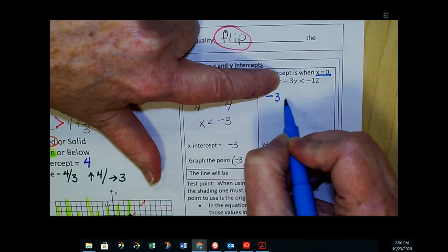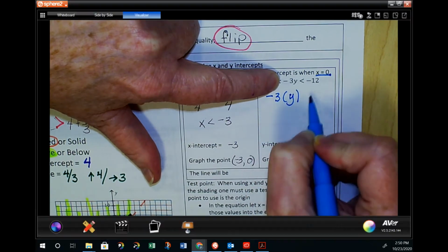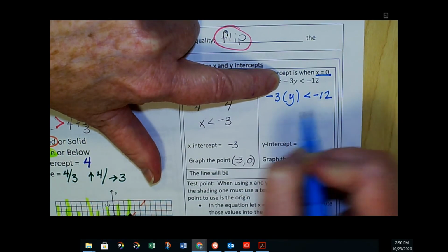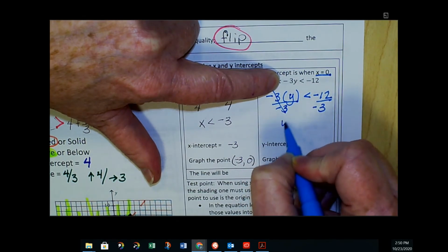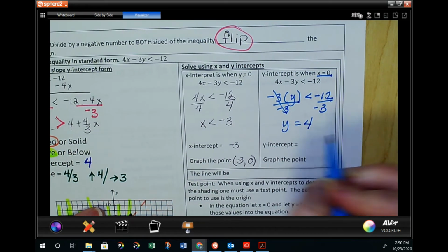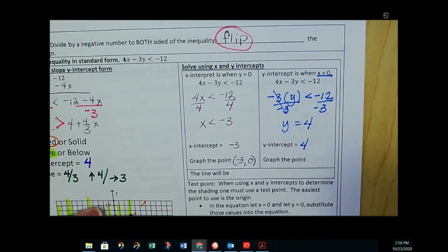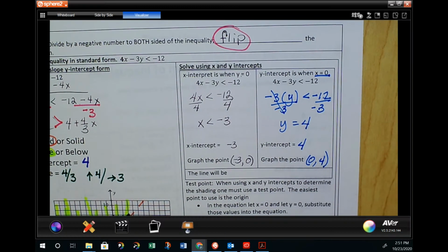So we have negative 3y is less than or equal to negative 12. We're going to divide by negative 3, divide by negative 3. So y is equal to 12 divided by 3, which is 4. So my y-intercept is 4, and you get 0, 4.